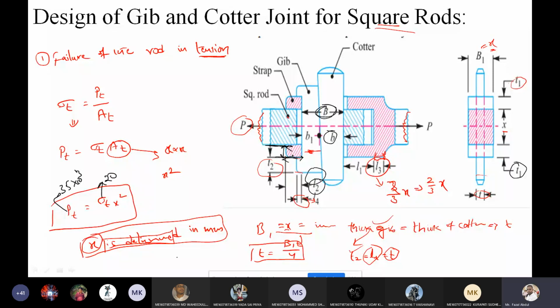Now tell me the x value. Make it fast. Everything is written on the screen. Substitute the values in calculator and get the value of x in mm. Make it fast, Babu. We don't have time. The time is 12:20.